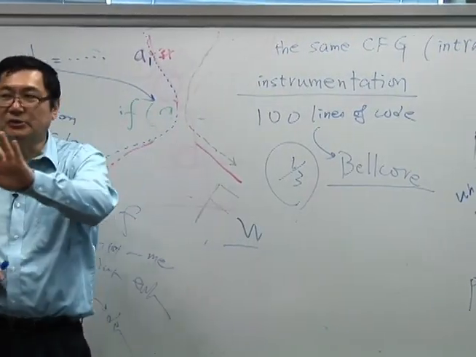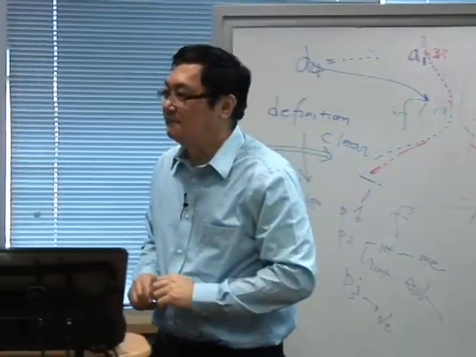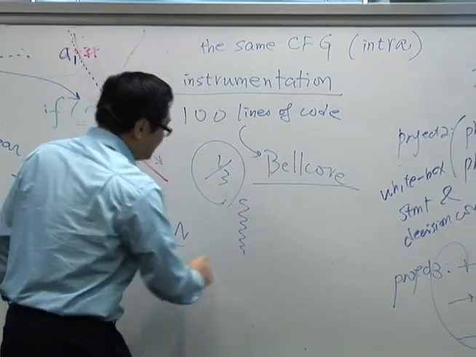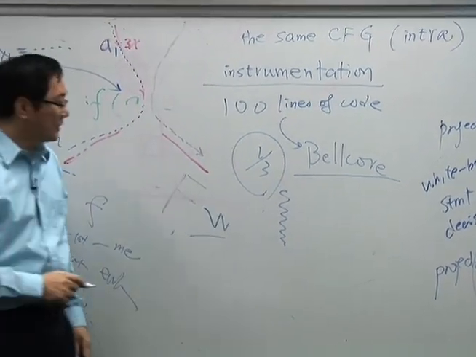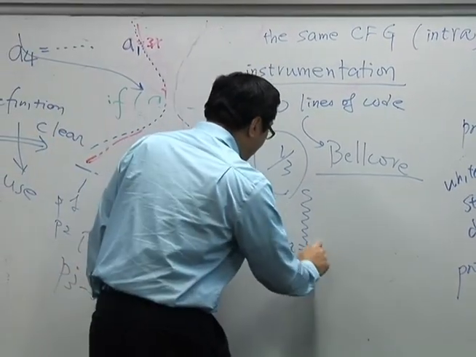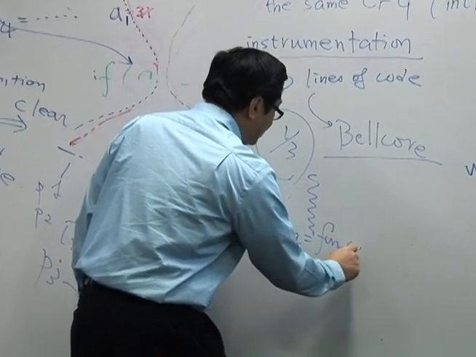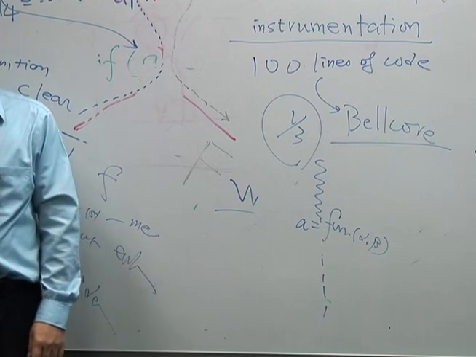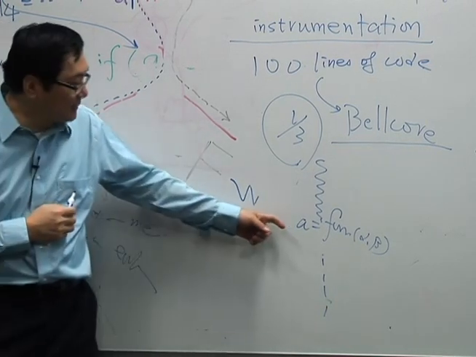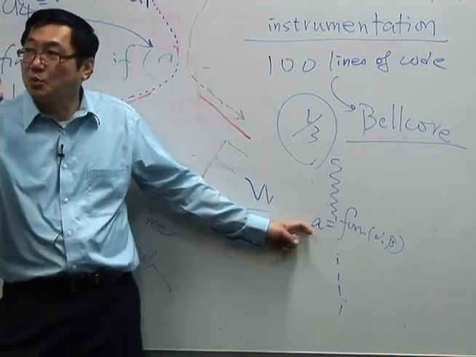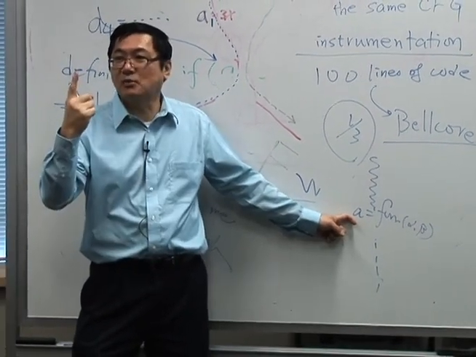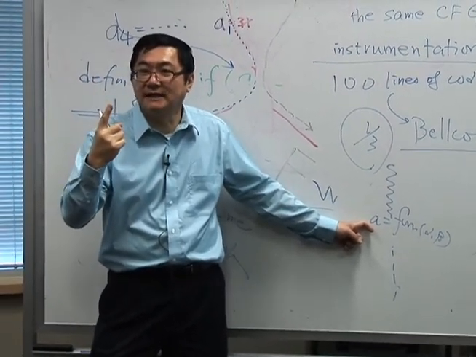Now the question for you is, is this enough? Think about this. Here is one module. Execution comes to this point: A equals function alpha beta, and then continues. Execution comes here. Yes, with respect to this module, just one statement is covered, right?